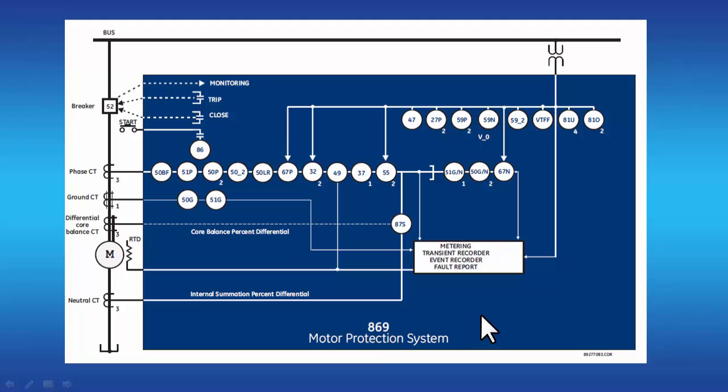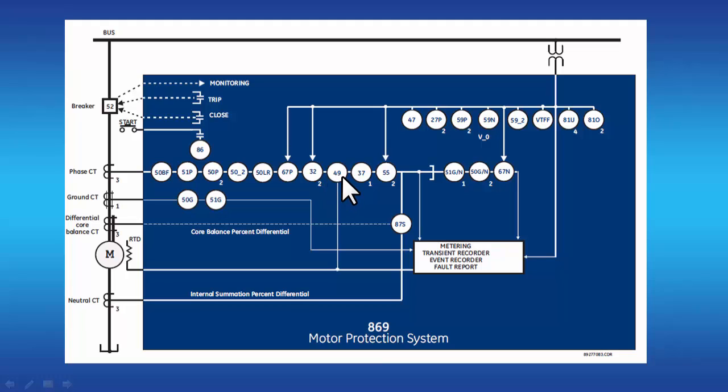Here's the 869 motor protection relay diagram, and it has the same platform as the 850, with most current and voltage elements, and it has some special protection elements just for motors, which is the thermal model.